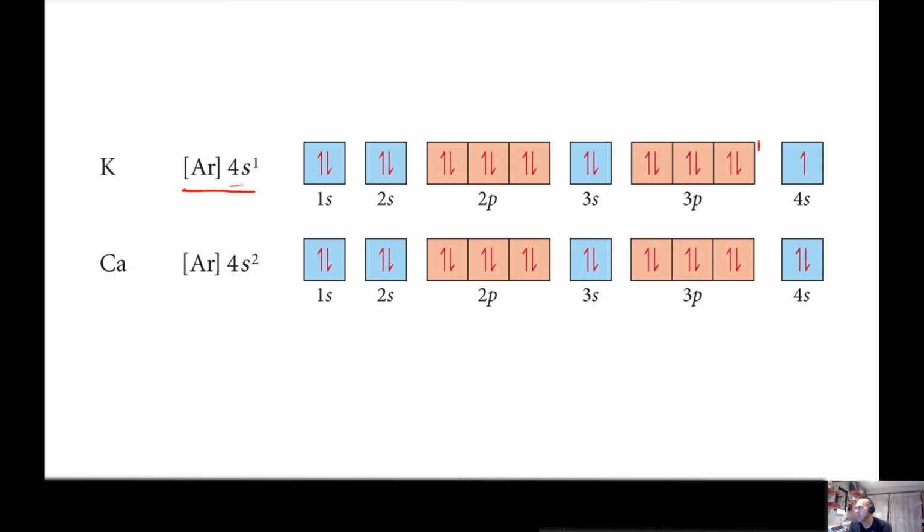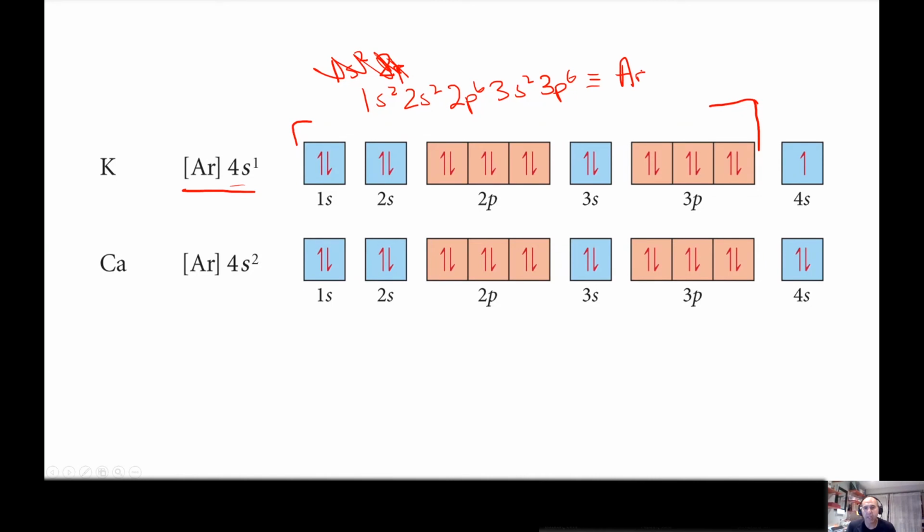Basically, the idea here is this arrangement here, 1s2, 2s2, 2p6, 3s2, 3p6. This is the electron configuration of argon.